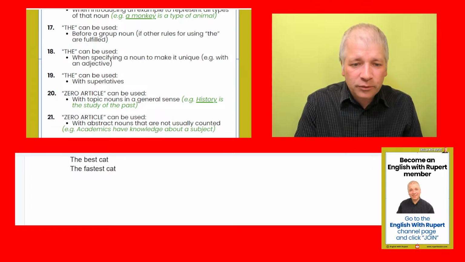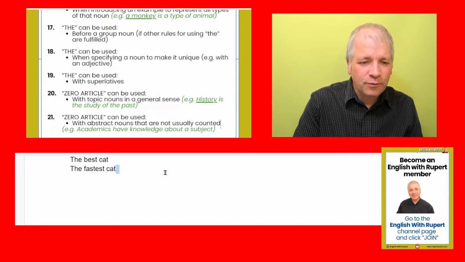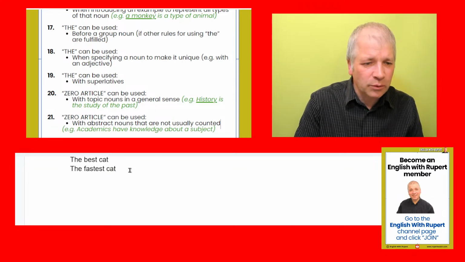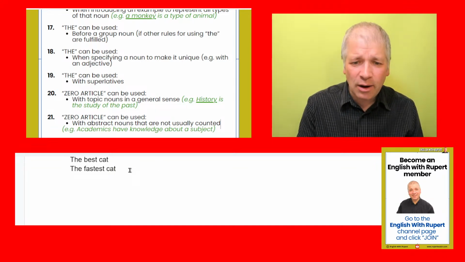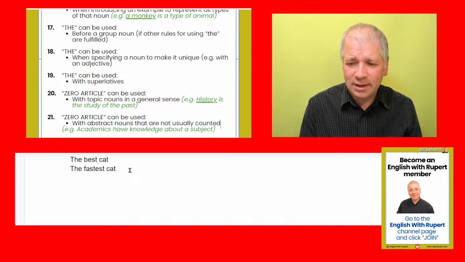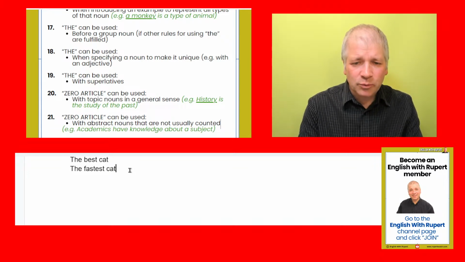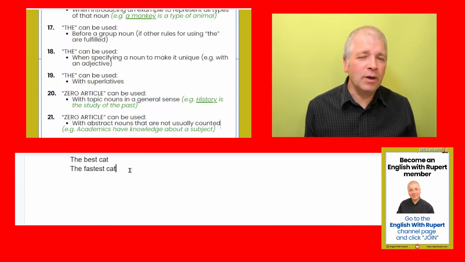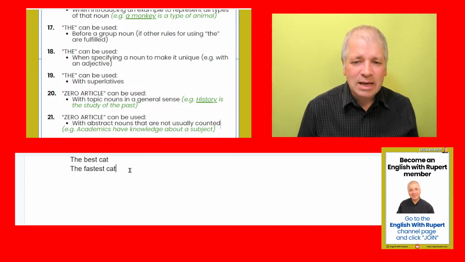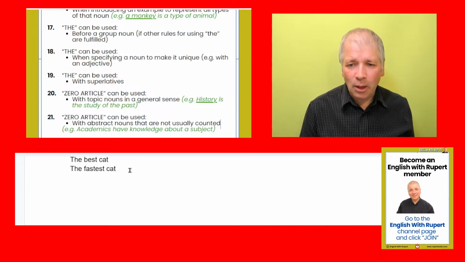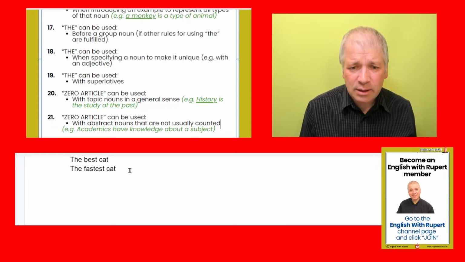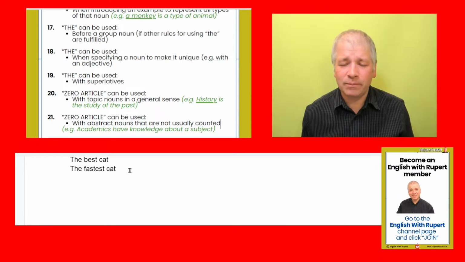Okay, let's move on to the more advanced rules for the zero article then. So number 20, zero article can be used with topic nouns in a general sense. So what do we mean by a topic noun here? Well, I put an example on the PDF here. History is a study of the past. So history is a topic noun.